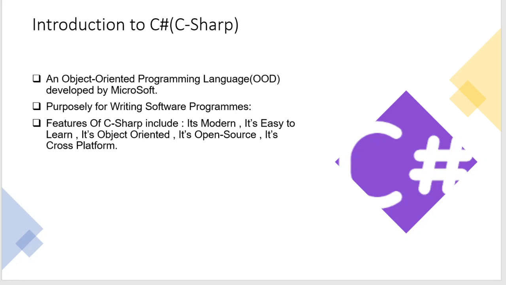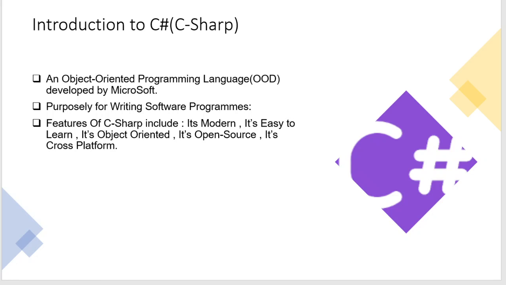C# is an object-oriented programming language that was developed and launched in 2001 by Microsoft, and it is purposely for writing software programs. In 2020, C# is a go-to language because of some of its features. For example, C# is easy to learn.